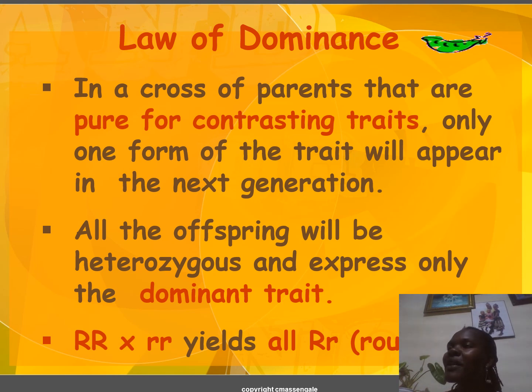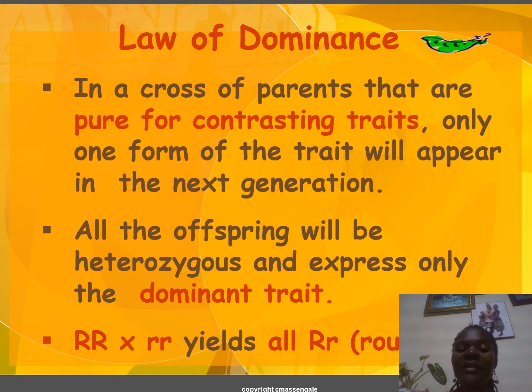Because if you use the Punnett square and you have all the pure cross of the parents, they are pure for those traits. Capital T, capital T, small t, small t. The F1s will appear all heterozygous, all alike.